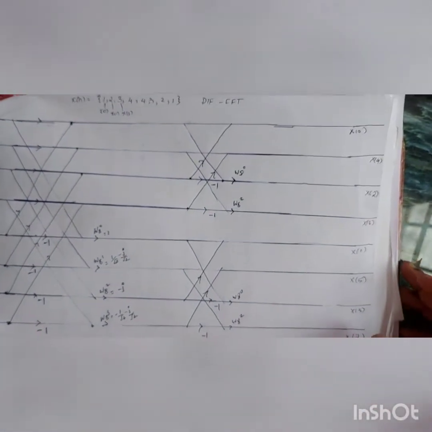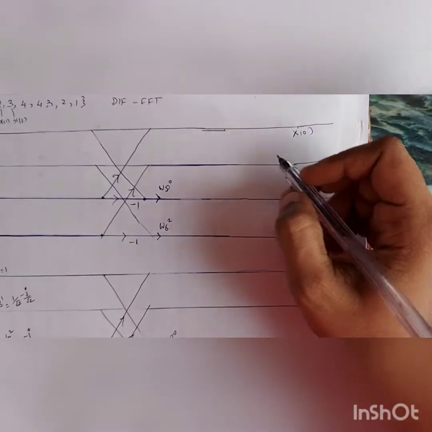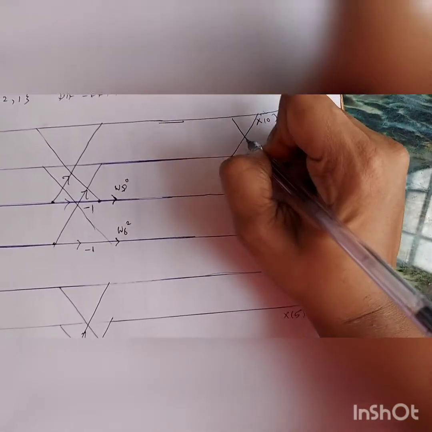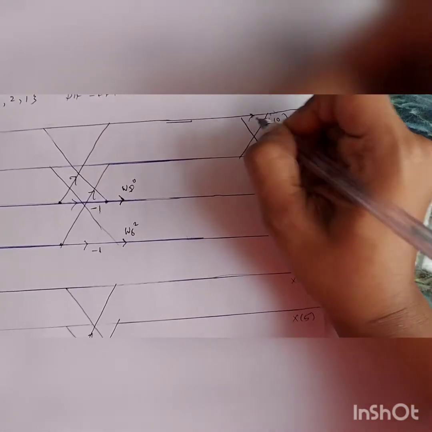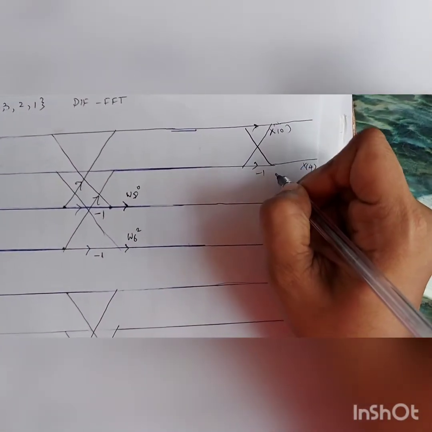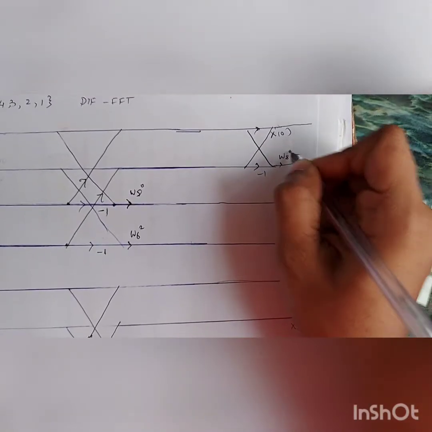So this is the 2-point butterfly, sorry, the 4-point butterfly. We're going to do the final 2-point butterfly now. All you have to do is just join these, the minus 1. This is your structure. This is ideally your W8 power 0, which is nothing but 1.